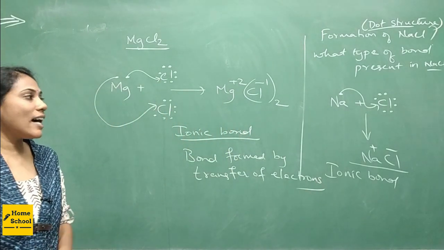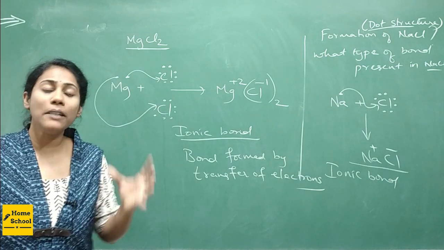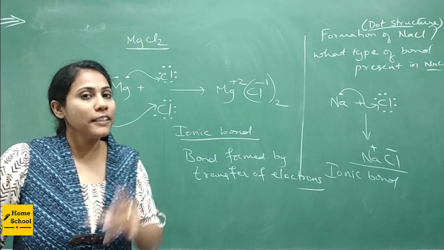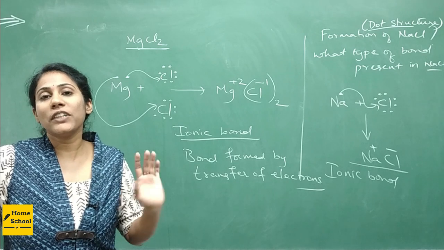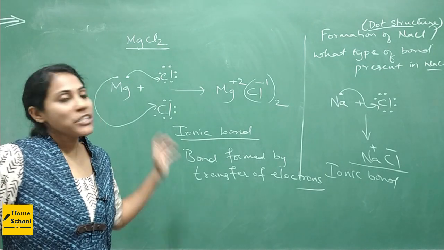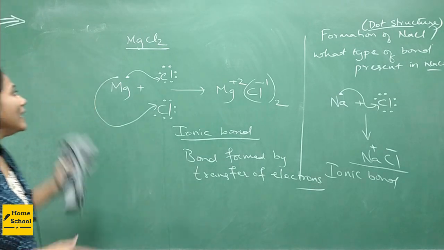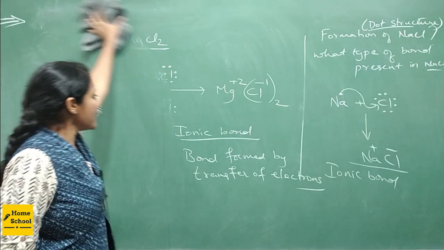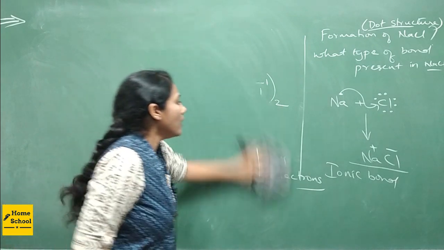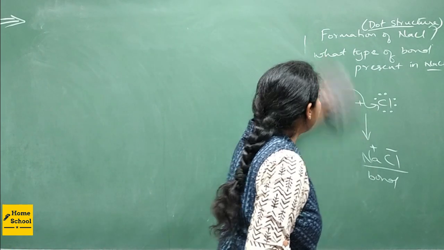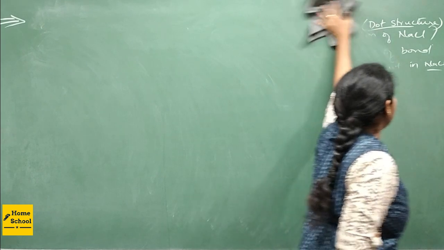Okay, so these are some of the very important and most expected questions for 2022 examination from the chapter metals and non-metals. Okay, so now let us go for the most expected questions of the chapter periodic classification of elements.